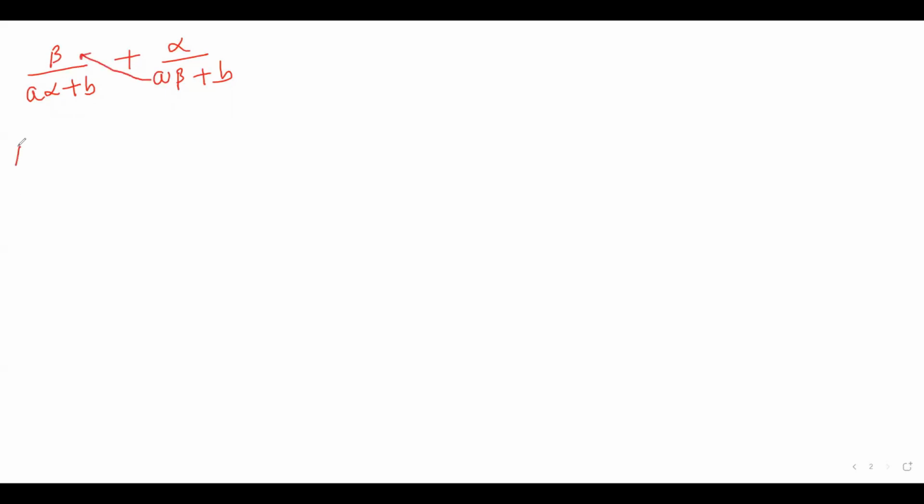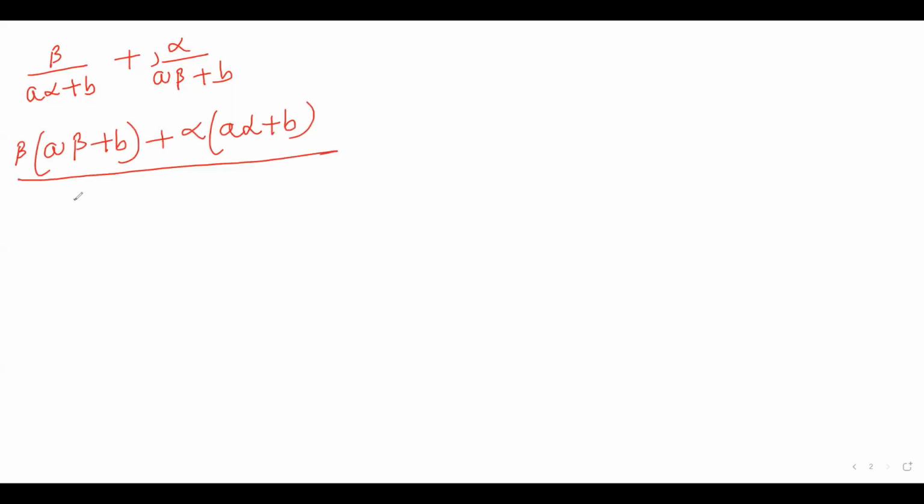So beta into A beta plus B, these two will get multiplied, alpha into A alpha plus B, denominators A alpha plus B into A beta plus B.